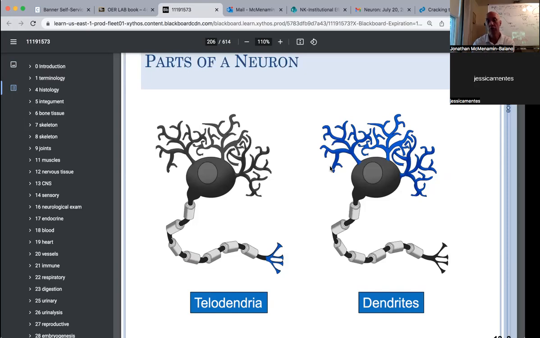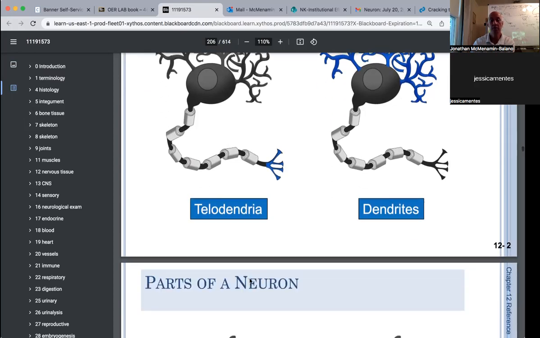And dendrites look like a root system, but how they function is they're decorated with different receptors to detect specific types of signals. So unique neurons pick up unique signals that will then be converted into electrical information. And that electrical information will then be converted into chemical information down here at the telodendria.